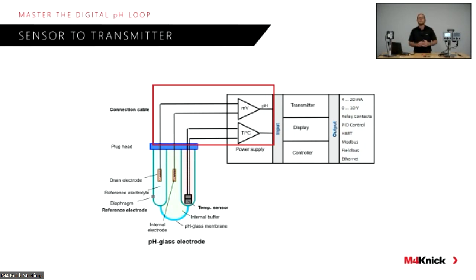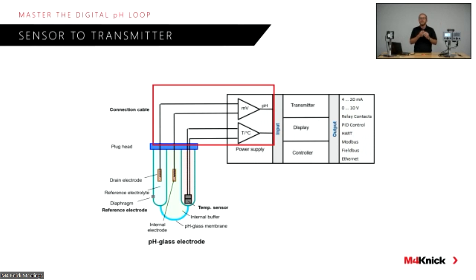We then, of course, have a reference electrode. Further, we have a temperature detector, and those can all be combined into one bodied pH sensor, or they can be separate. But the job of those 3 components is to develop a potential based off hydrogen ion activity in the process, and then send a signal.